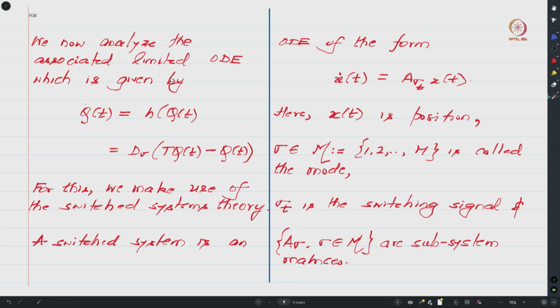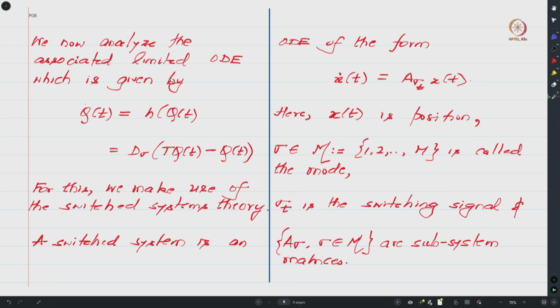So now it becomes clear that because the iterates are almost surely bounded, right, we can conclude that the behavior of your Q learning algorithm will be dictated by the behavior of the solution trajectories of the limiting ODE, right.